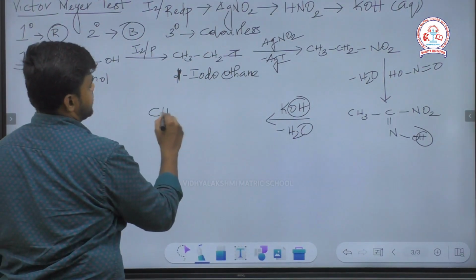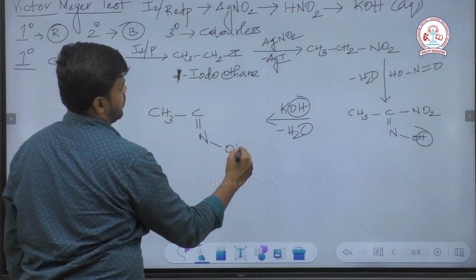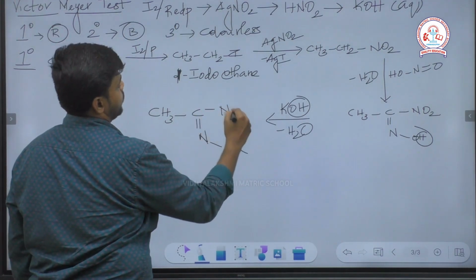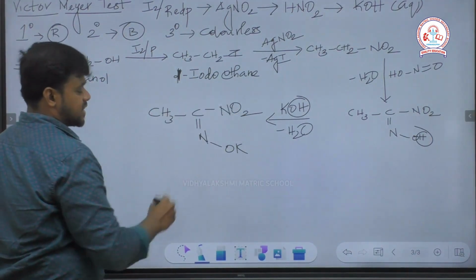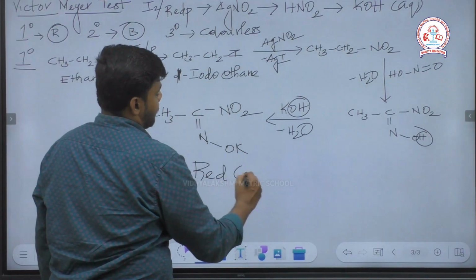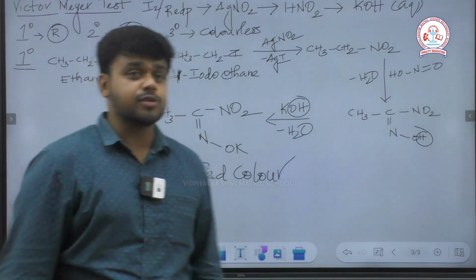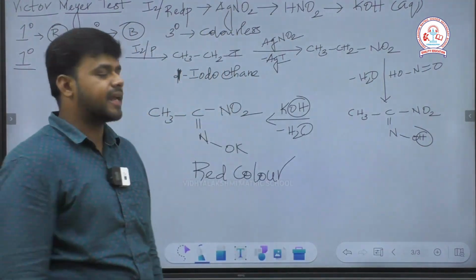Thereby your product is CH3, C double bond N, O, K, and here it is NO2. As soon as the compound has been formed, you will get red color. So on treatment with KOH, if the compound produces red color, we can confirm that it is a primary alcohol.